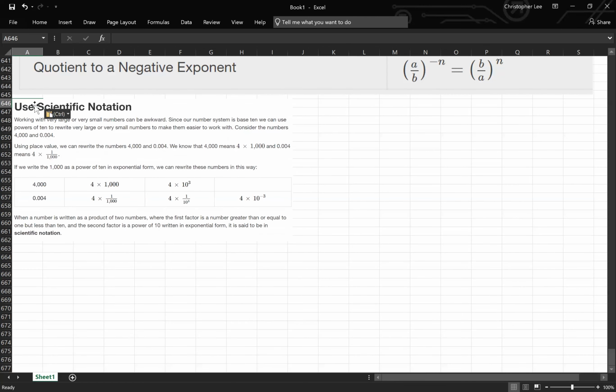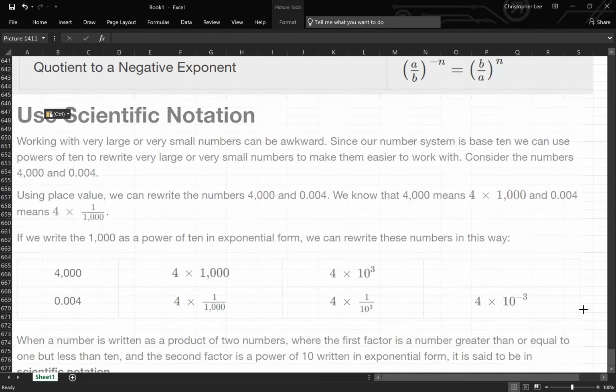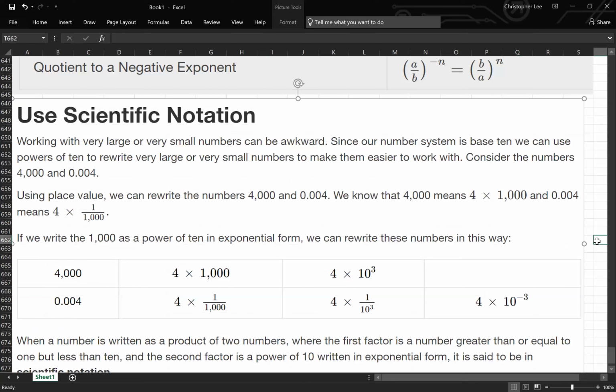All right, let's talk about scientific notation. This is that second half of your homework right here, right? Working with very large or very small numbers can be awkward since our number system is in base 10. We can use powers of 10 to rewrite very large or very small numbers to make them easier to work with. Consider the numbers 4,000 or 0.004.